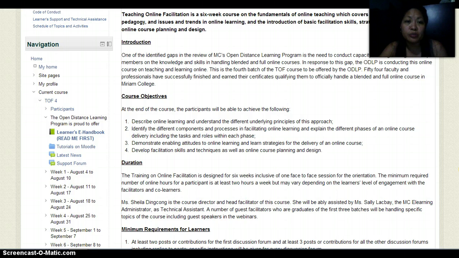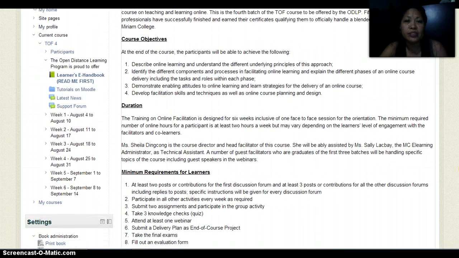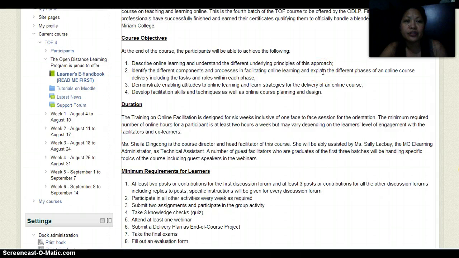So for our course objectives, on the first one, we will describe online learning and understand the different underlying principles of this approach, which is essentially a discussion of theories. This is the theoretical portion, which we will start this week.